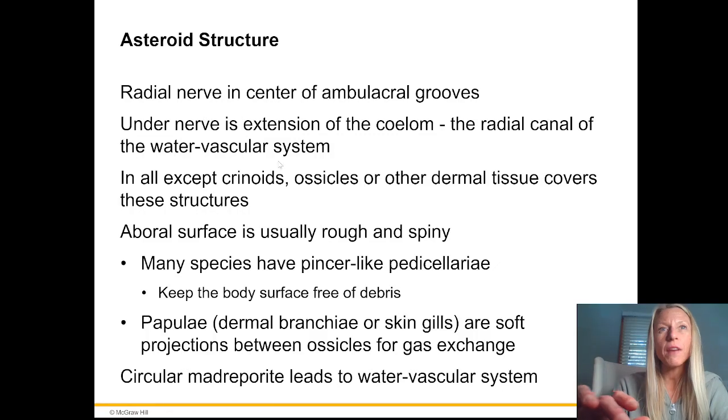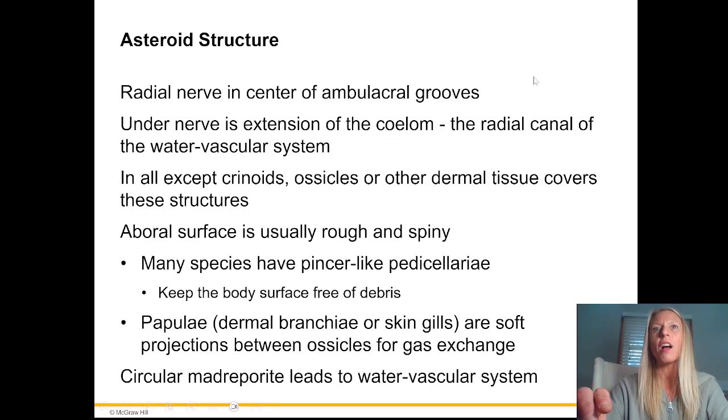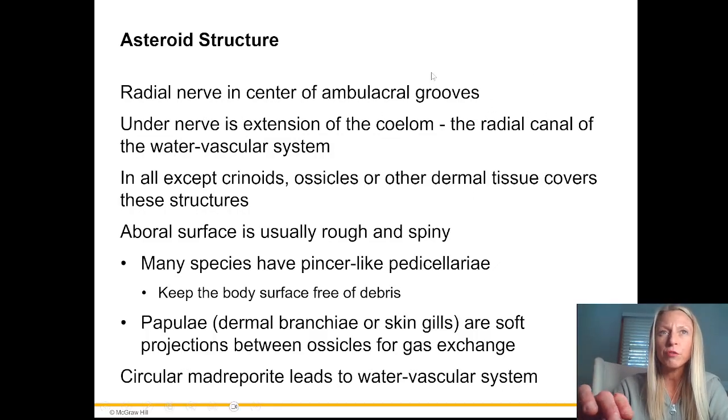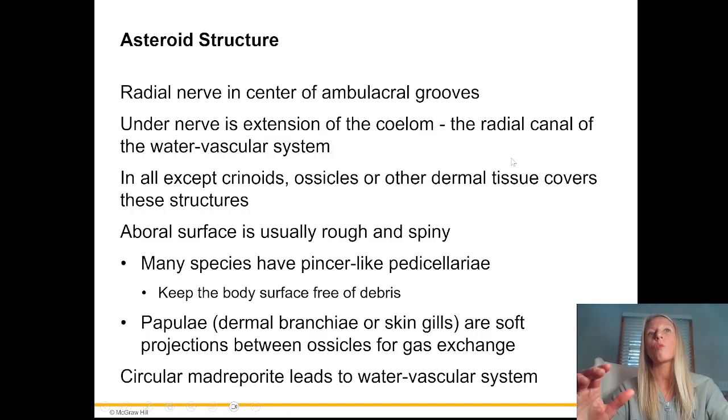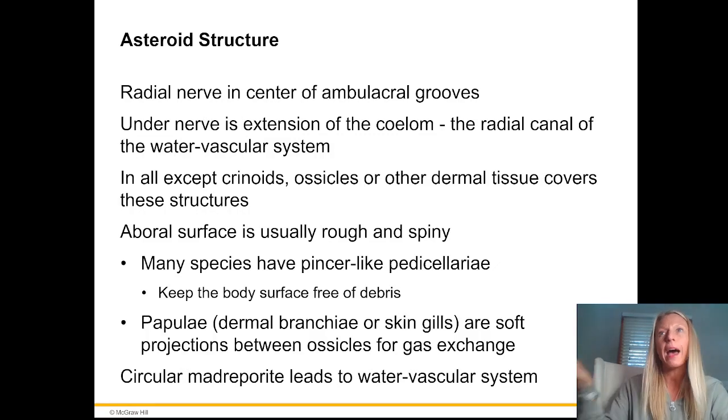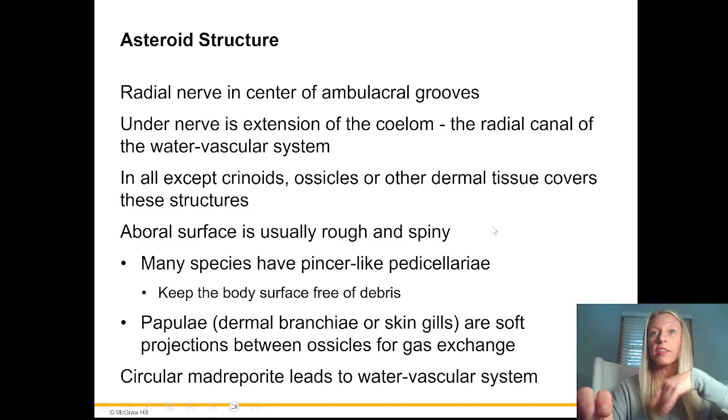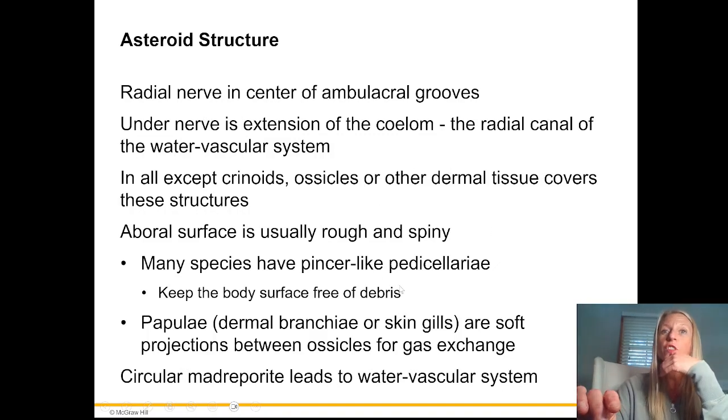As for their structure, they have a radial nerve in the center of their ambulacral grooves. Under the nerve is an extension of their coelom. It's a radial canal of their water vascular system, and this is how they power those tiny tube feet to move. In everyone except the crinoids, ossicles cover these structures, and that underside is usually rough and spiny.